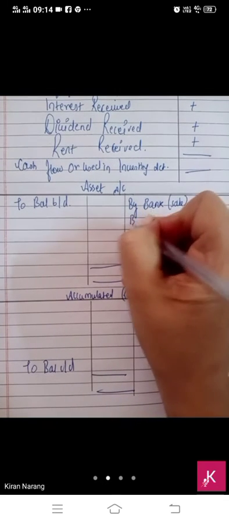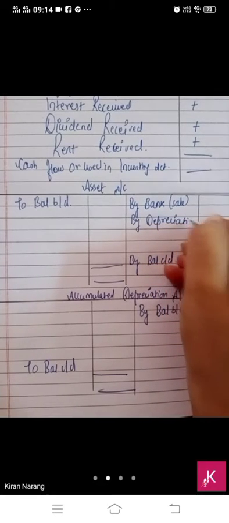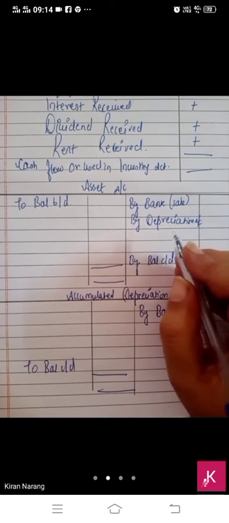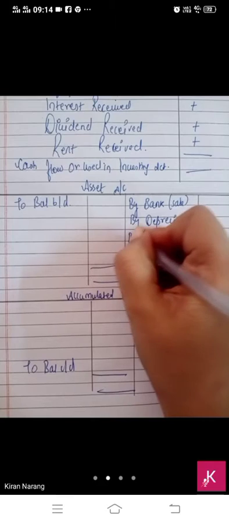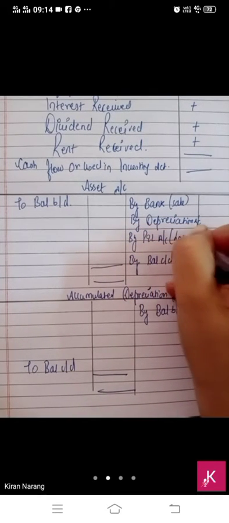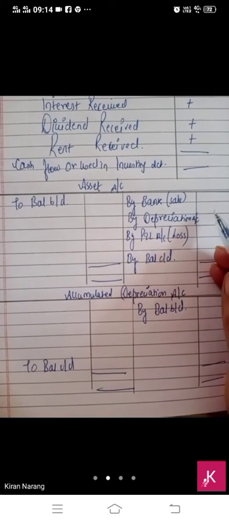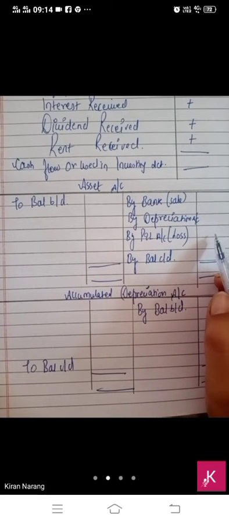And how many months we have used, we will charge depreciation for that, and then we will write the loss. Profit and loss account, in bracket you will write loss. Whatever is the cost price, we will deduct from the cost price the depreciation and the sale. Then we will come to know the loss.